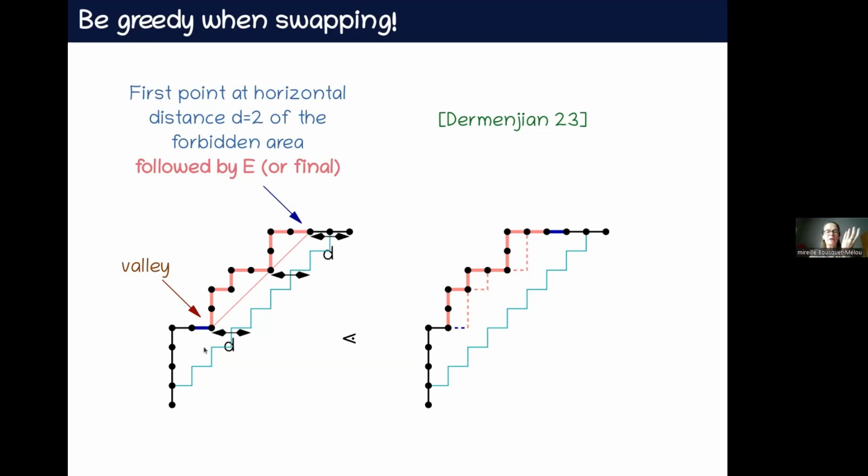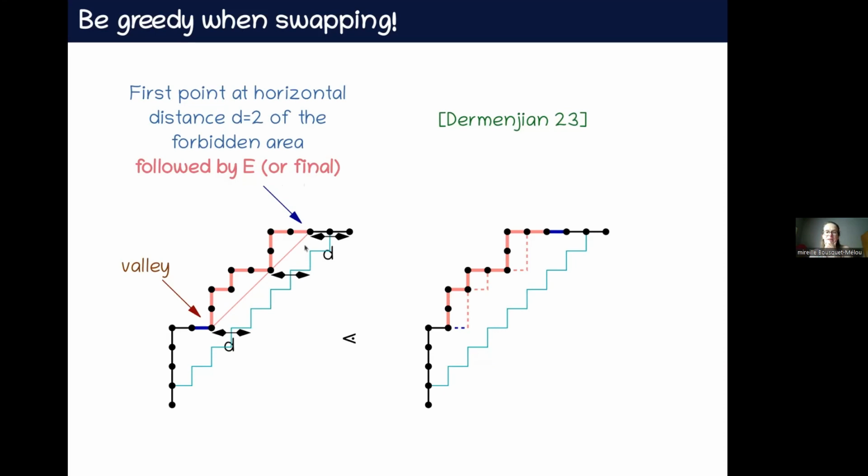Now, another way of describing this point is to say that, starting from here, this is the first point that is at the same horizontal distance from the forbidden area, and that is such that I can't go further. That is, it is followed by an east step, which is at a strictly smaller distance from the forbidden area, or this may also be the final point of the path.